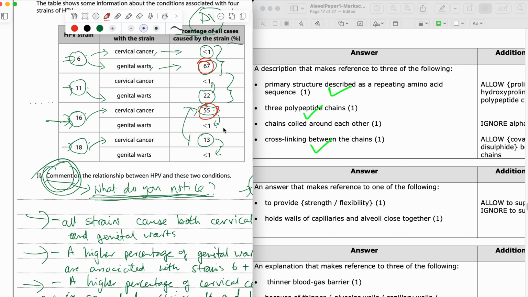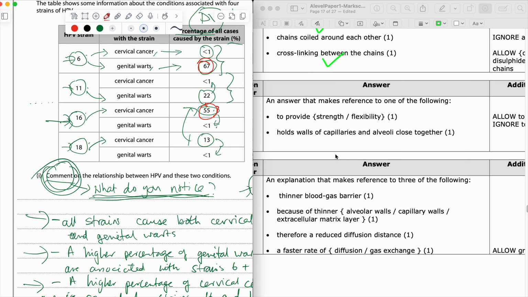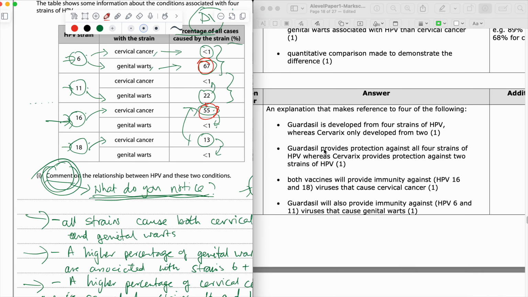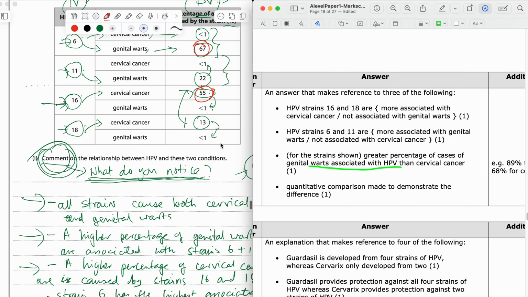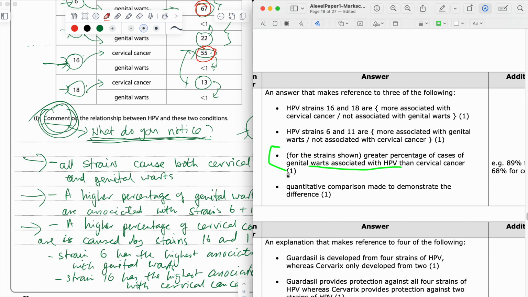Yeah, wait, let's just go to that mark scheme because now I can't remember. Okay, right, so it says, for the strains shown, greater percentage of cases of genital warts are associated with HPV than cervical cancer. So cervical cancer generally has lower numbers. So I did not catch on to that part there.